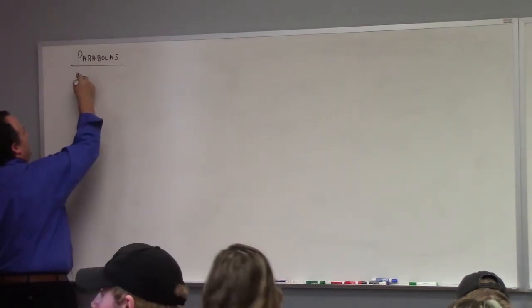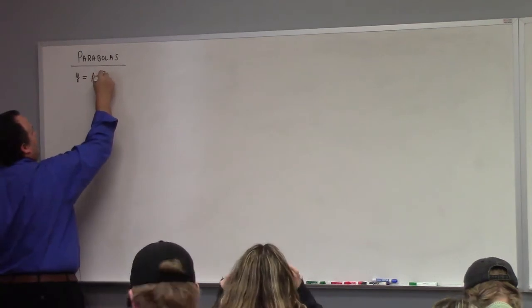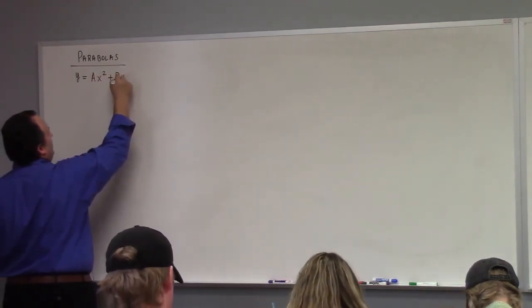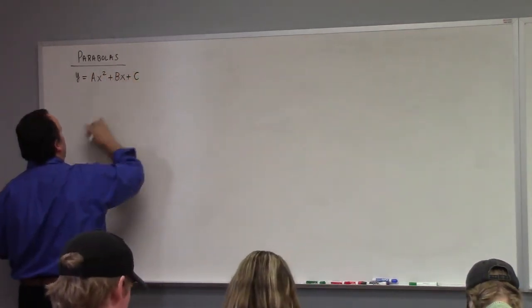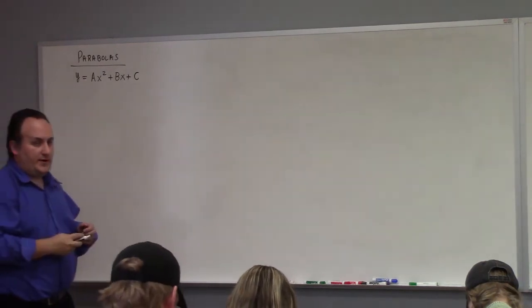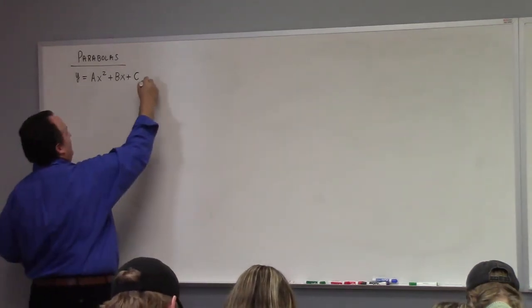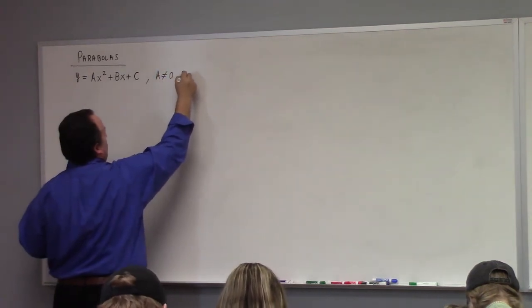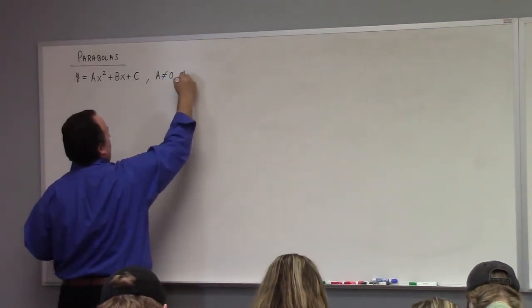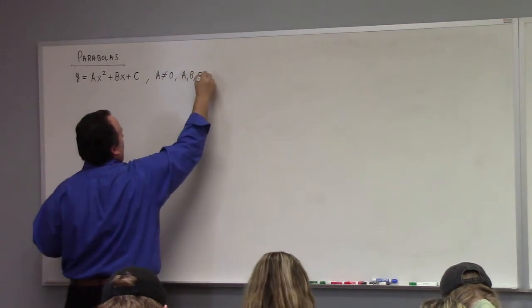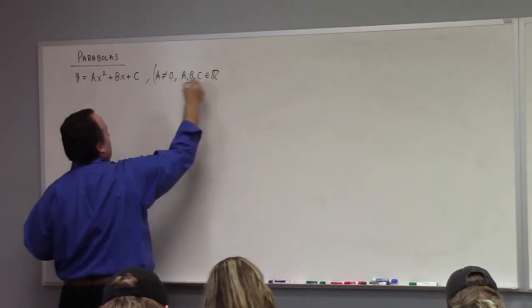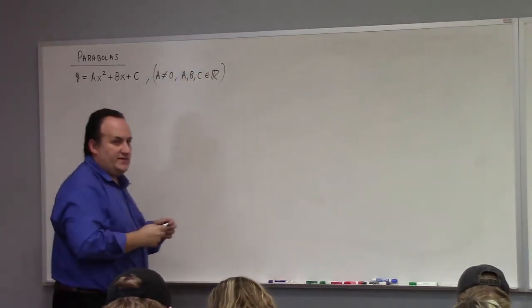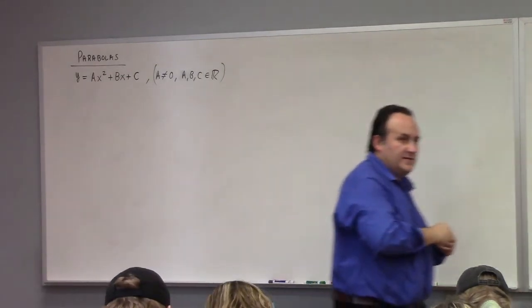Generically speaking, if we have y equals ax squared plus bx plus c, where a is not equal to 0, and a, b, c are real numbers, then a, b, c are called the coefficients of the parabola.